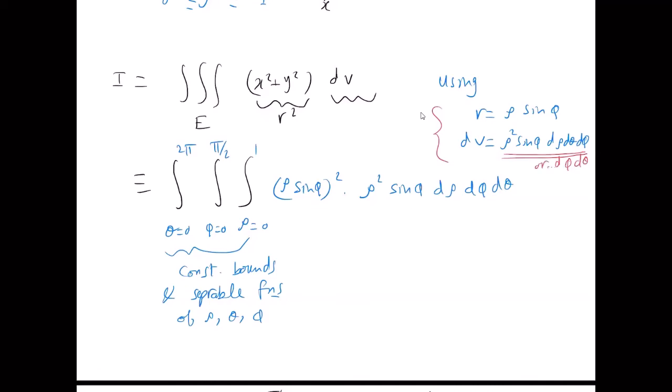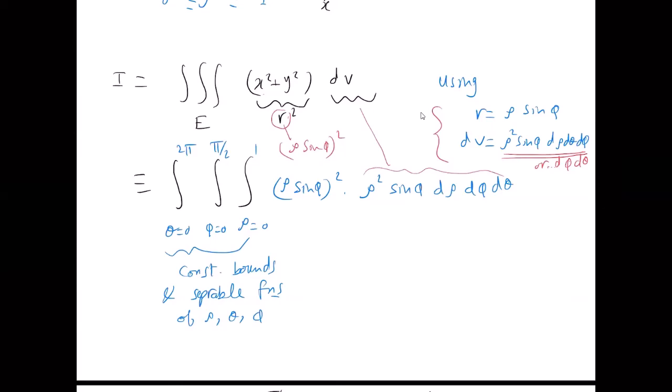So substitute x square plus y square as r square, and r is rho sine phi whole square. Therefore, we have rho sine phi squared times dv, which is rho square sine phi d rho d theta d phi.